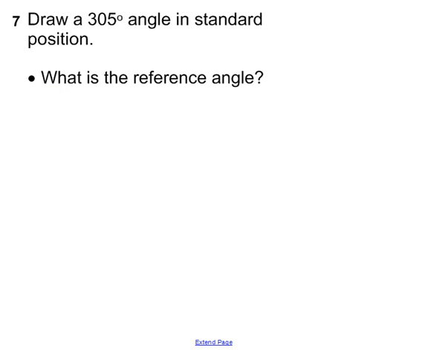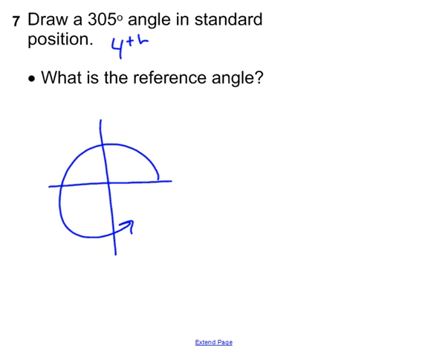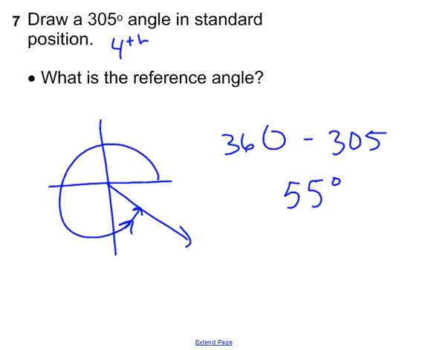All right, one more quadrant to investigate. Let's look at our fourth quadrant angle, which is 305 degrees. 305 is going to leave me with the reference angle. So I take 360, subtract 305, and my reference angle is 55 degrees.